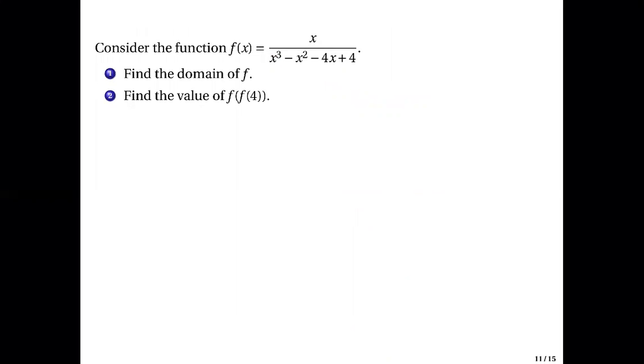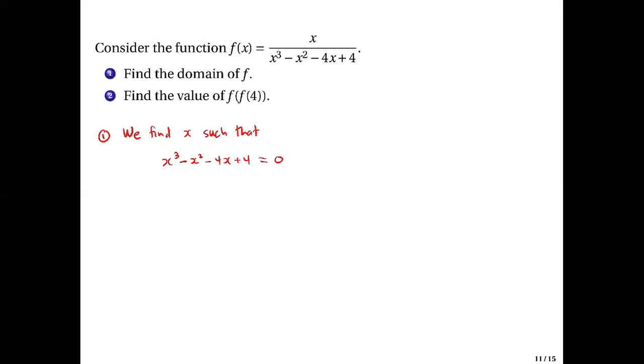So for the domain, this is just a rational function. So we just don't want the denominator to be 0. For the domain, we find x such that x cubed minus x squared minus 4x plus 4 equals 0.